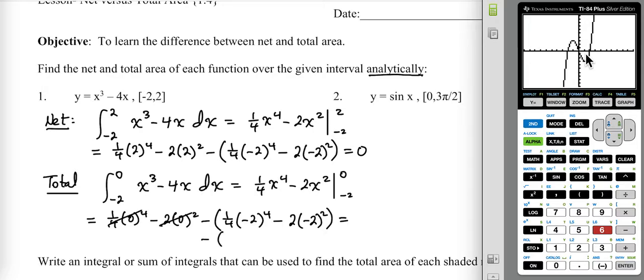Negative, I got the 1/4 times a 16 minus 2 times a 4. So this is negative 4 minus 8. So 4 minus 8 is negative 4. Negative negative 4 is going to be equal to a 4. So now it's just a matter of doubling it, because I got half of what I want. So I take that and double it, and we're good to go.